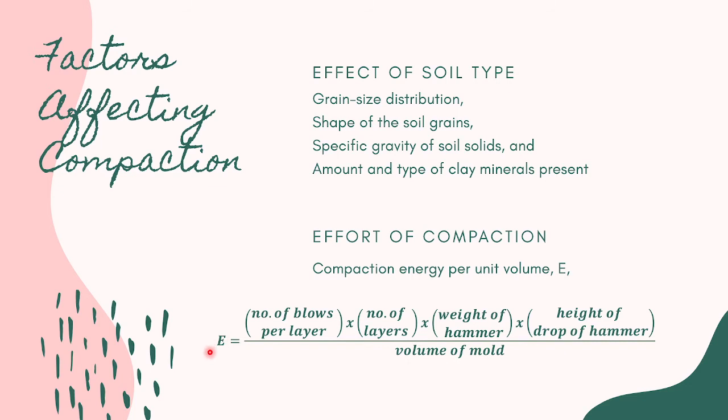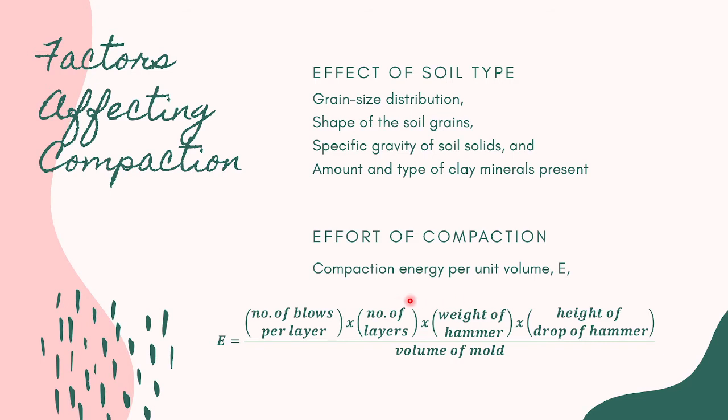So you can notice that the compaction energy per unit volume in the modified Proctor test is greater than the compaction energy per unit volume in the standard Proctor test. So comparing the two, they have the same number of blows, but the number of layers, the weight of the hammer, and the height of the drop of the hammer is much greater in the modified Proctor test.